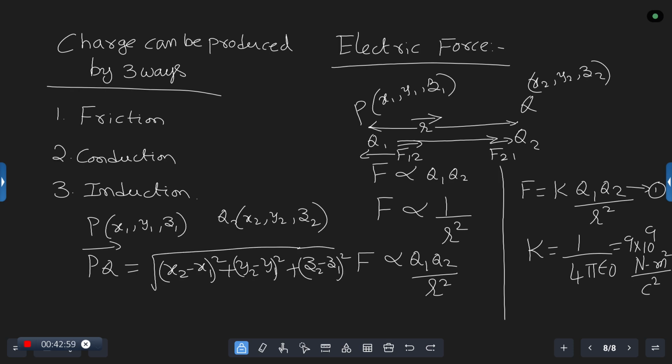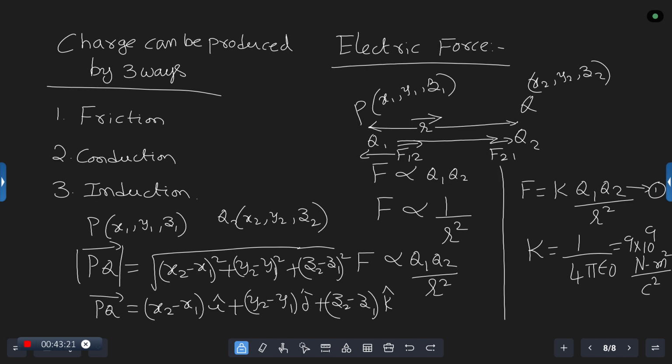So can I write in vector form? PQ bar equals x2 minus x1 i cap plus y2 minus y1 j cap plus z2 minus z1 k cap. By using this, you have to solve the problem in the vector notation.